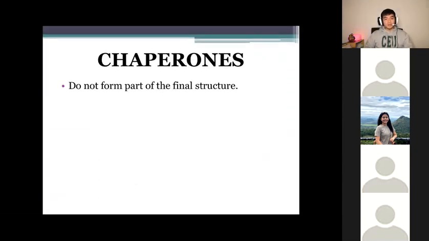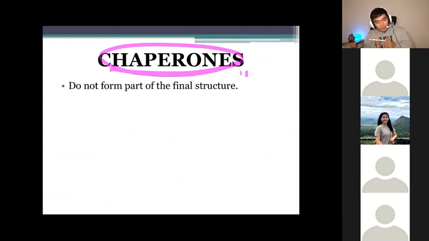Now, ang chaperones ay martir. Bakit siya martir? Kasi ang chaperones, sumasama lang siya sa journey pero hindi sa final destination. Anong ibig sabihin yan? Pag kailangan siya, nakasunod siya. Sasamahan kita protein, kailangan tama ang folding mo. Pero pag na-achieve na ng protein ang correct native conformation, aalis na siya.